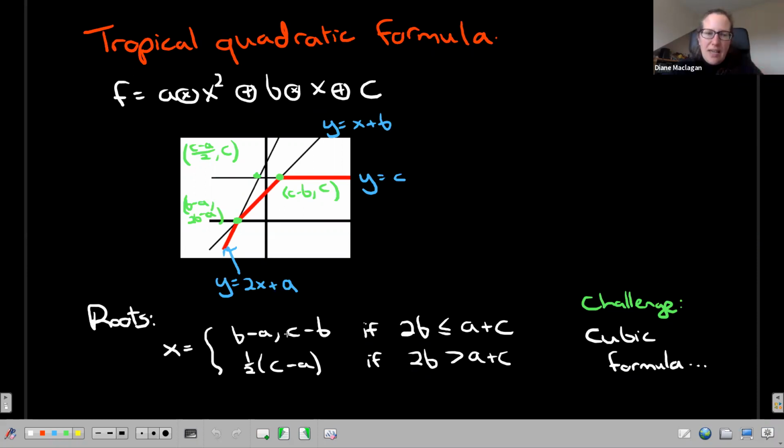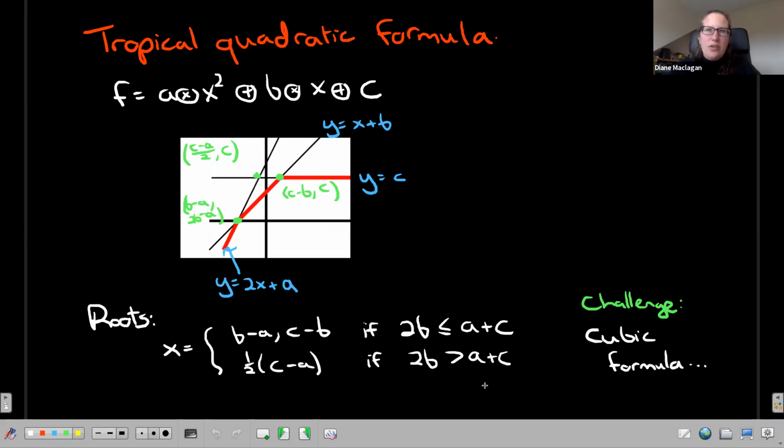Okay. So again, this should make you somewhat happy because we have a quadratic. First of all, we have a formula, just like we do in the usual case. We have 2 roots, or maybe sometimes 1 root, but that also happens in the usual case. And if you think about when we switch from 2 to 1, when do we have only 1 root in the usual case?